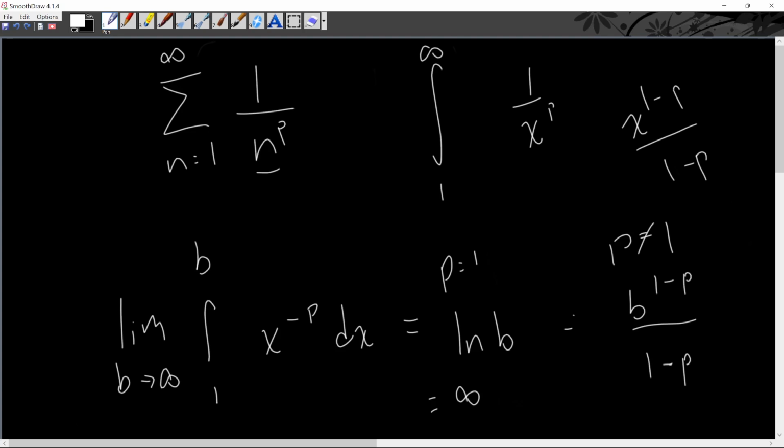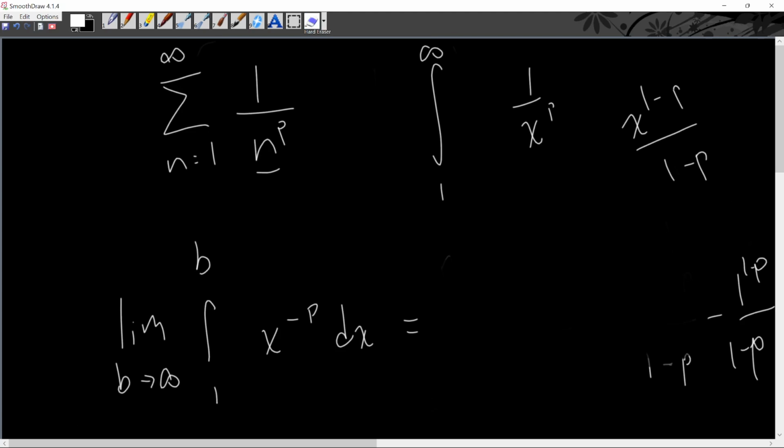Oh, and I almost forgot, we also have to subtract 1 to the 1 minus p over 1 minus p. I'm running a little bit out of space, so I'm going to erase this ln b, because we talked about it previously.